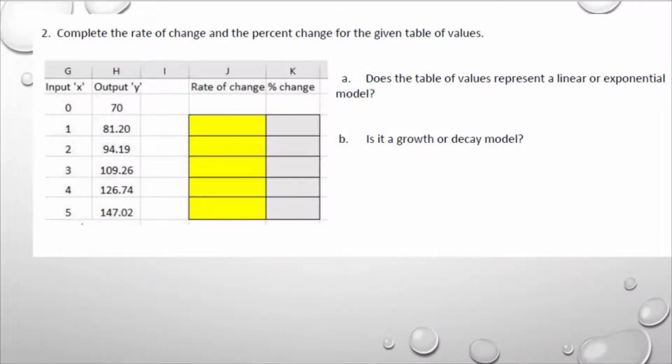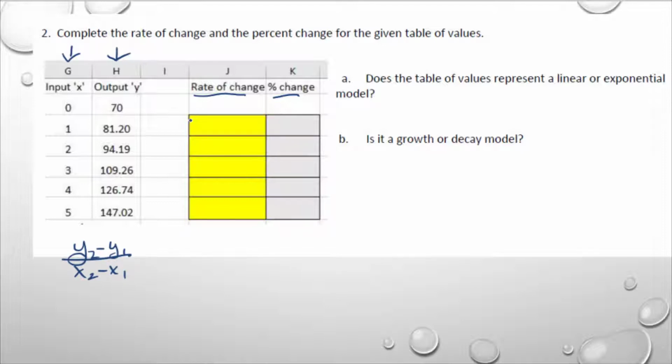So this is another similar problem. We have our inputs over here. Here's our inputs. Here's our outputs. We want to look at the rate of change and the percent change. So the rate of change is the change in the outputs divided by the change in the inputs.